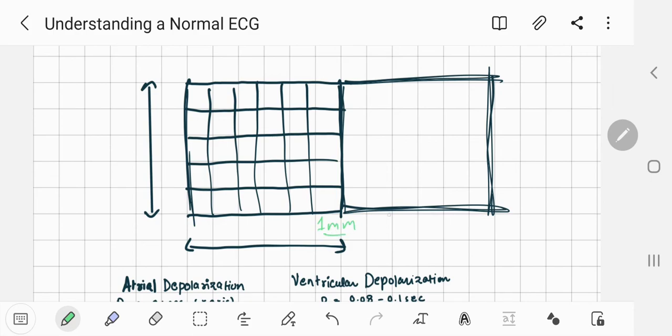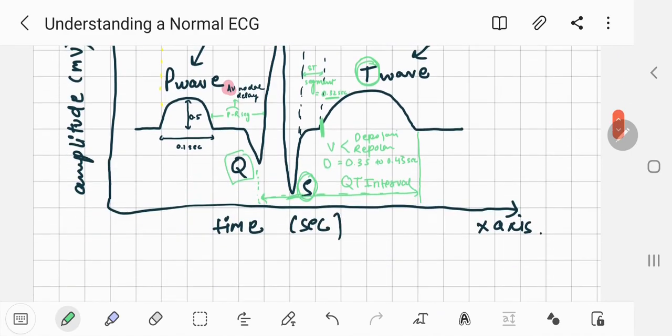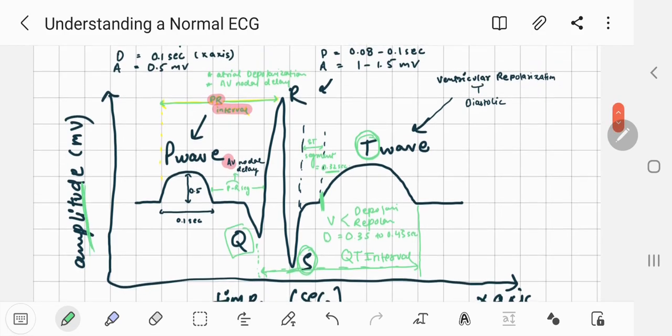Now, a 1 millimeter square box on the horizontal equals around 0.04 seconds. And on the y-axis, this 1 millimeter box equals 0.1 millivolt. This also means that on the x-axis we plot time, and on the y-axis we plot amplitude, or how powerful the electrical impulses are.